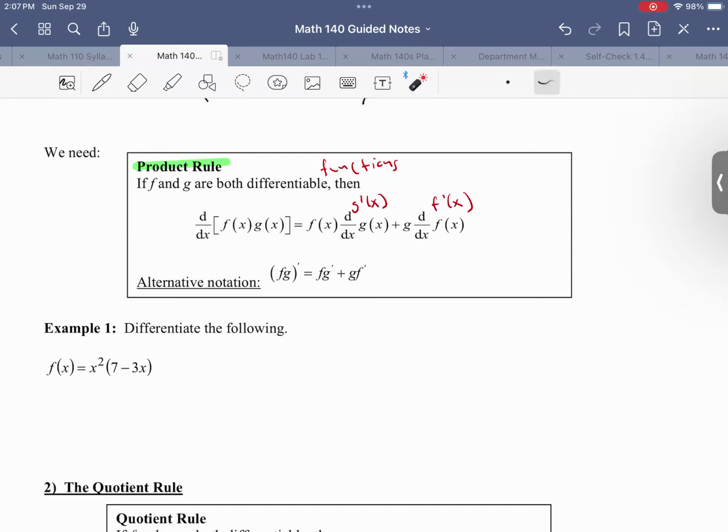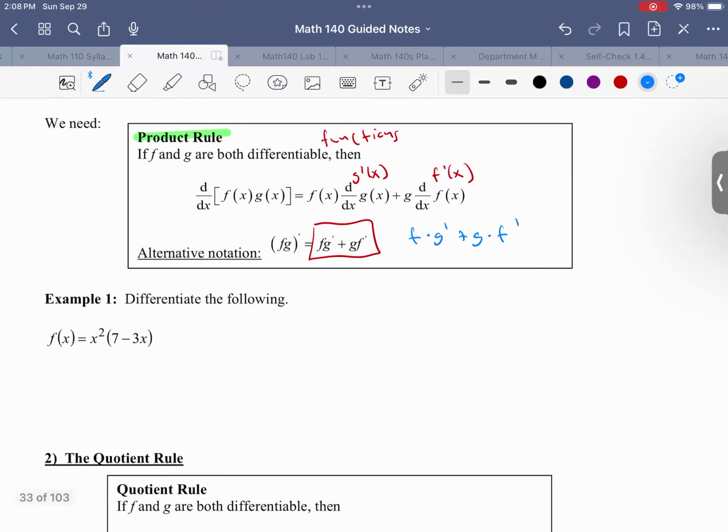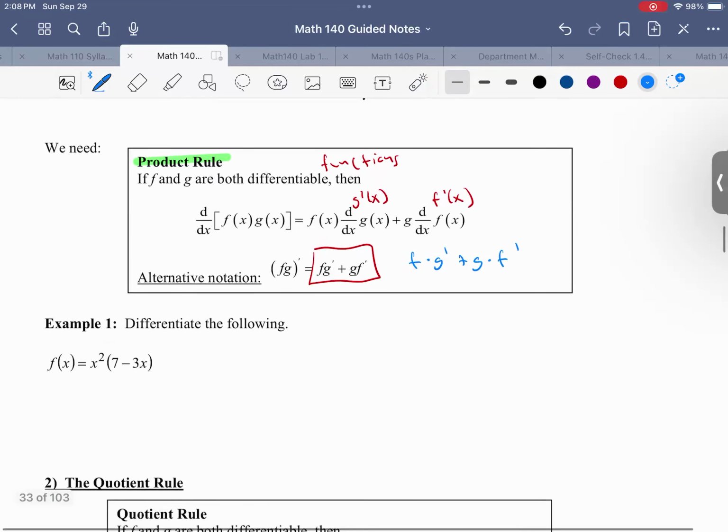But we don't really write the notation like that. What we would really write is f times g prime plus g times f prime. So that's the product rule, and that's our formula to take a derivative of two functions multiplying each other. Maybe I'll make that note.